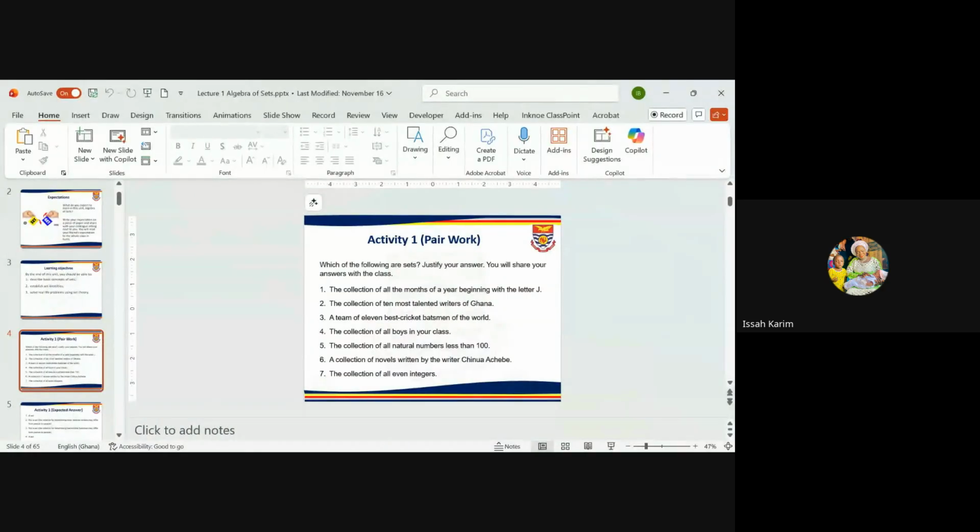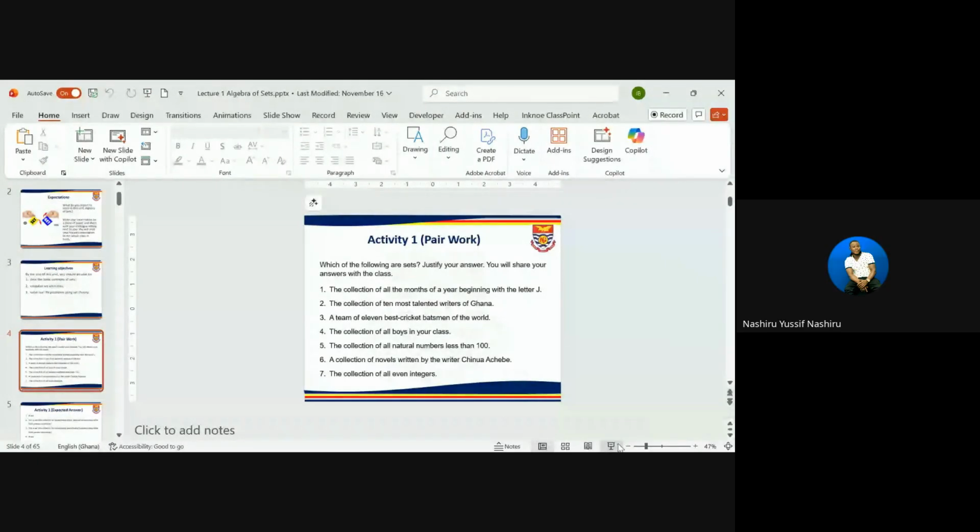And so when you look at months of the year, we generalize them as sets. So we can identify those with the J letters. That is January, June, and July. So in that case, it's a set. Okay. All right.